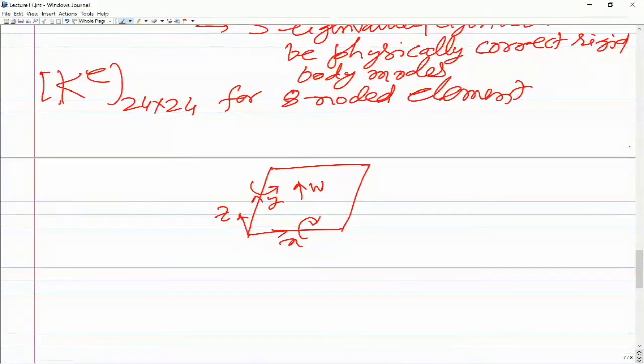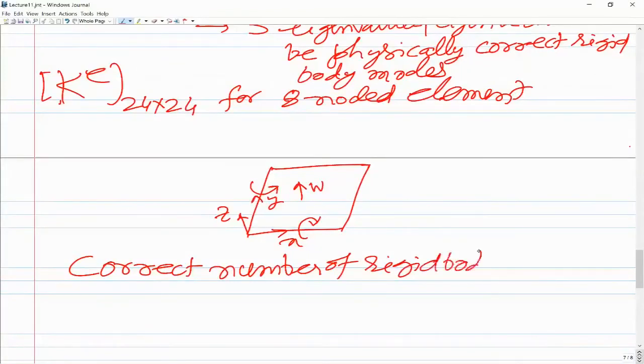Now, as I said already, whether it is a 4-noded element or an 8-noded element, the correct number of rigid body modes is equal to 3. That means if there are no problems with the element, the number of zero eigenvalues should be 3.